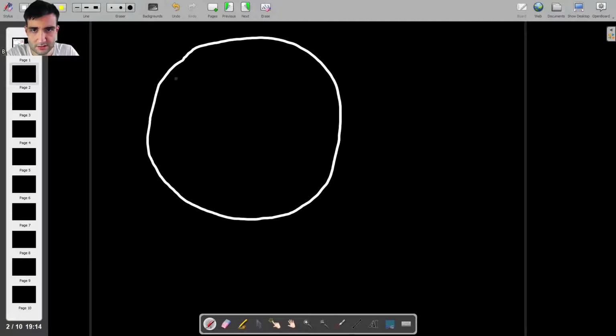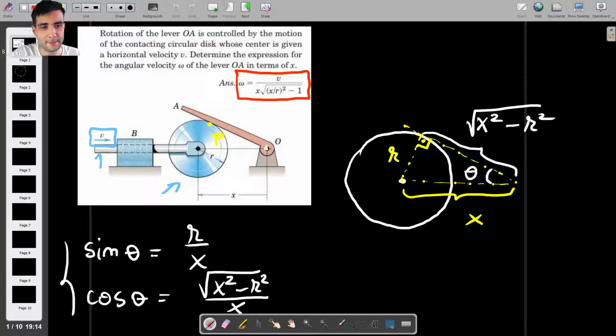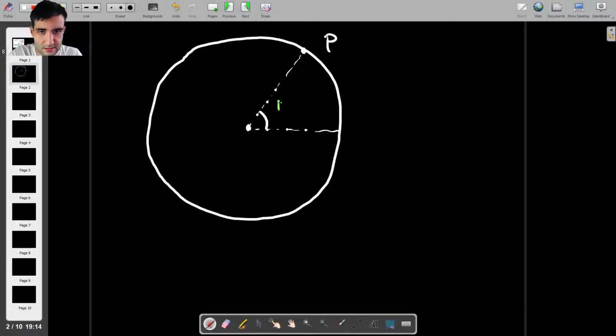So I'm going to draw the disk again, and let's say point P is going to be somewhere here, like this, and this angle here. So this angle we're going to use in a second. We call this angle theta, right? Which means that this angle here is going to be pi over 2 minus theta, right? So I'm going to write that as pi over 2 minus theta.